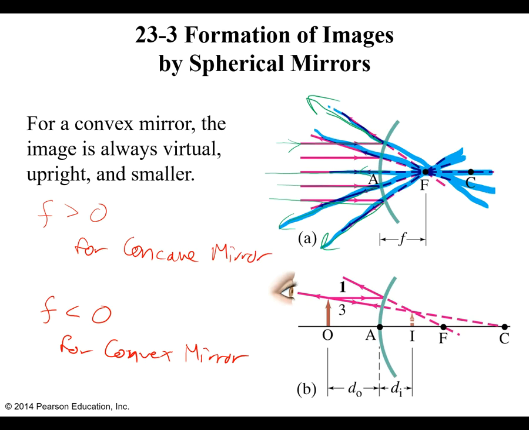And what you're always going to see with a convex mirror, no matter where the object is, is an upright, virtual, smaller image that's going to be somewhere between the mirror itself and the focal point. That's always where your image is going to be for a convex mirror. And when you do your lab on this, you'll be able to play around with this and you'll see that for a fact.